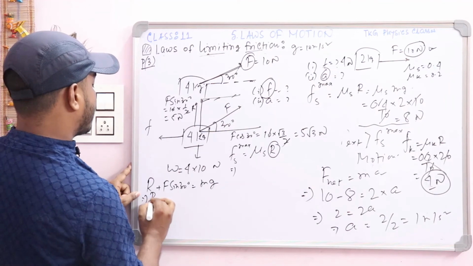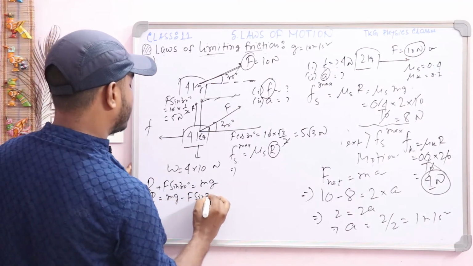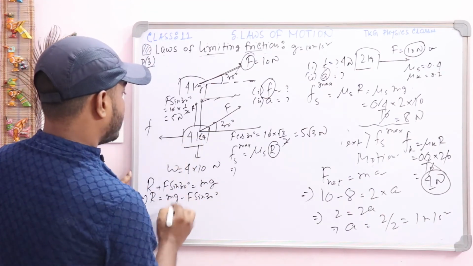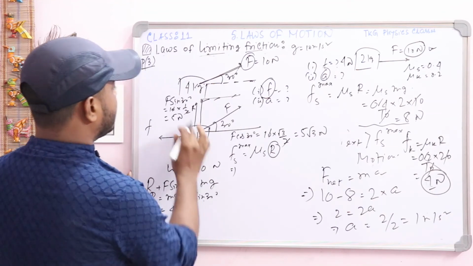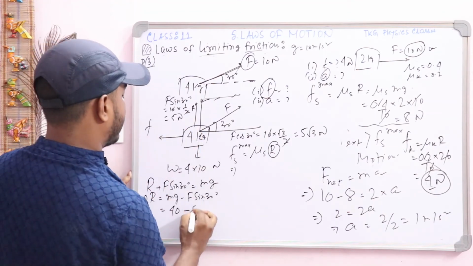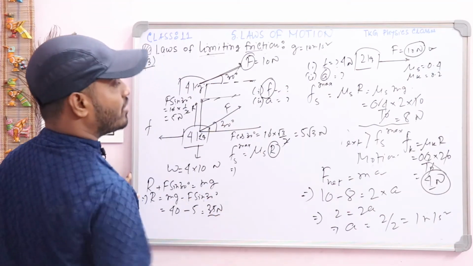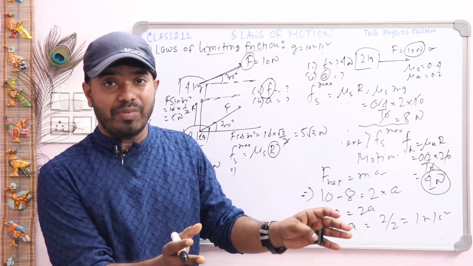So R equals mg minus F sin 30. Here m is 4 and g is 10, so this is 40, and F sin 30 we already calculated, that is 5. So the answer is 35 Newton. Here R is 35 Newton. So R is not always equal to mg.